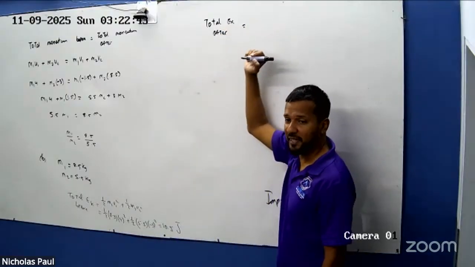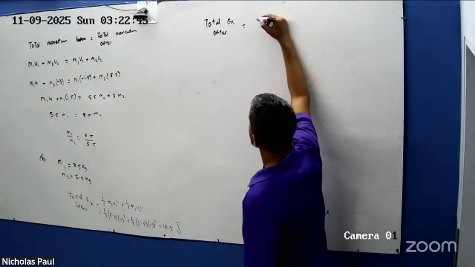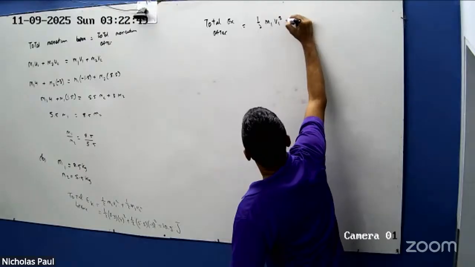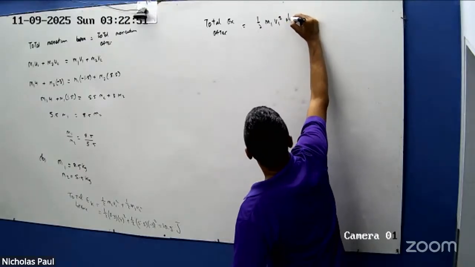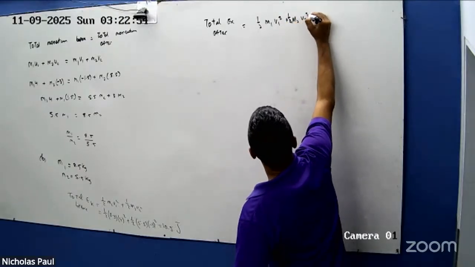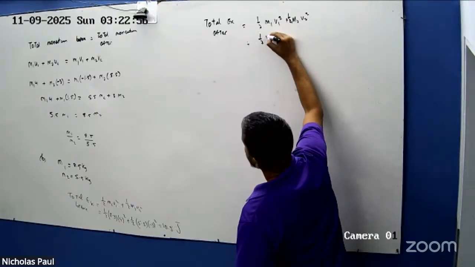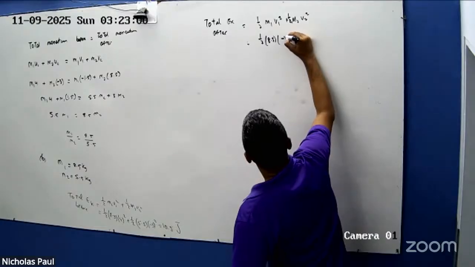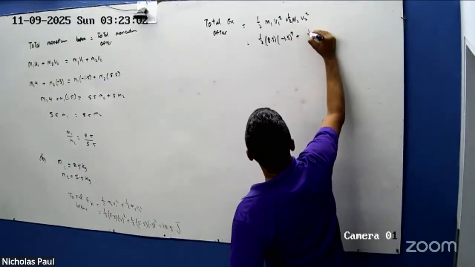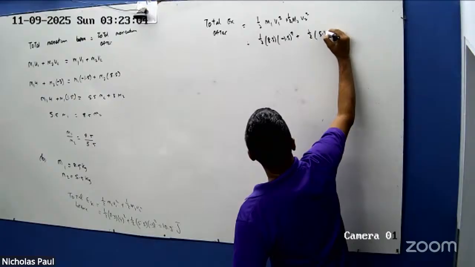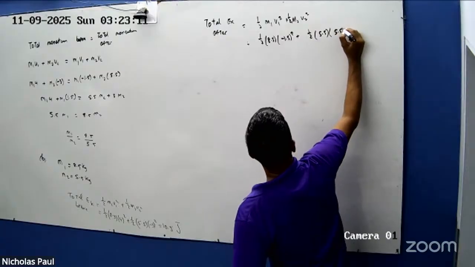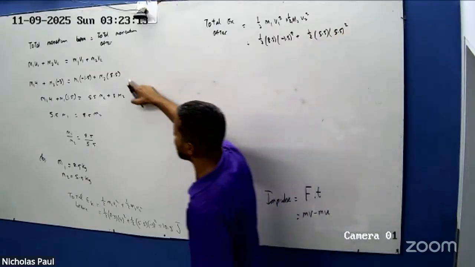Right, total kinetic energy after will be a half m1 v1 squared plus a half m2 v2 squared. So that's a half by the same thing, 8.5 by minus 1.5 squared plus a half by 5.5 by V2, and V2 was 5.5, right?